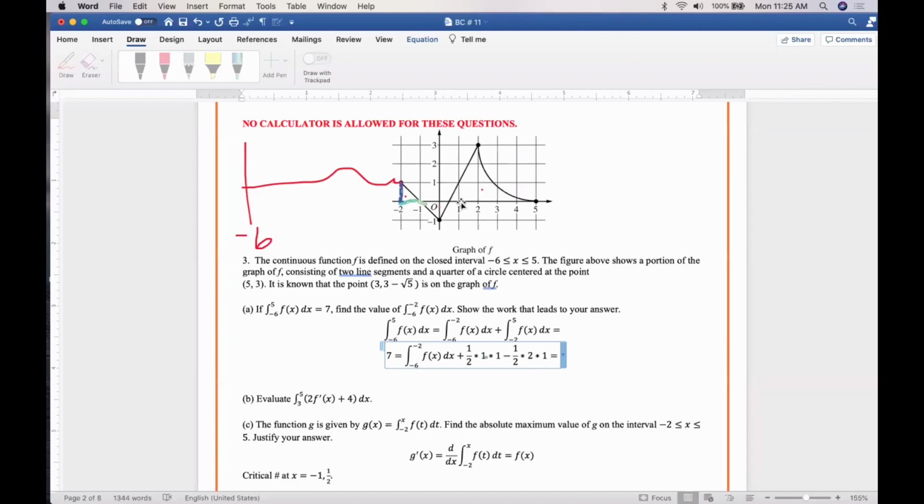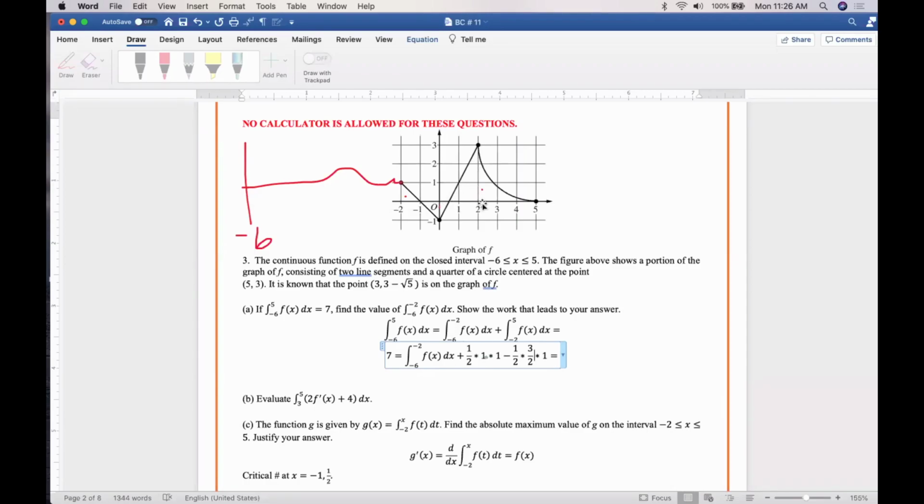Oh, wait a minute, I made a mistake already. It's from 1 to half. That's not 2, that's 1.5, that's 3 over 2, the base. I'm sorry that I'm blind. Next triangle is this one here.